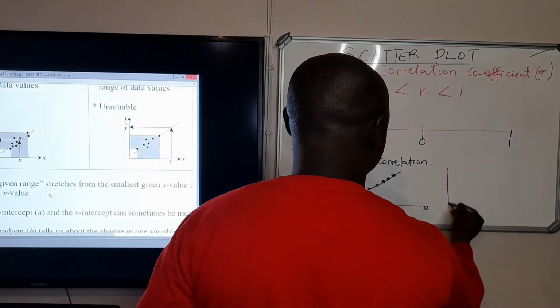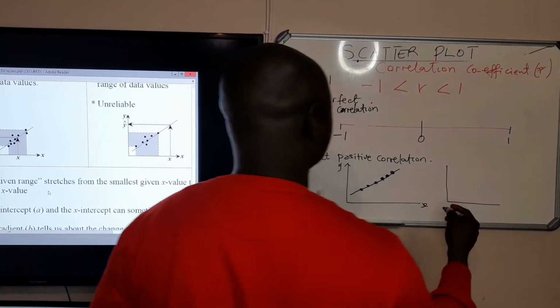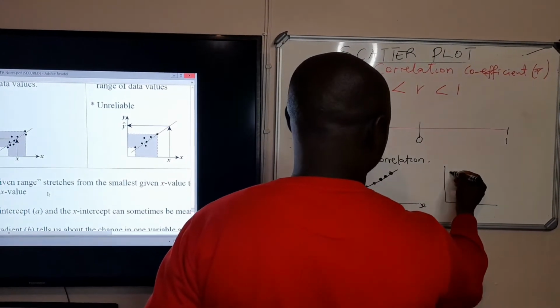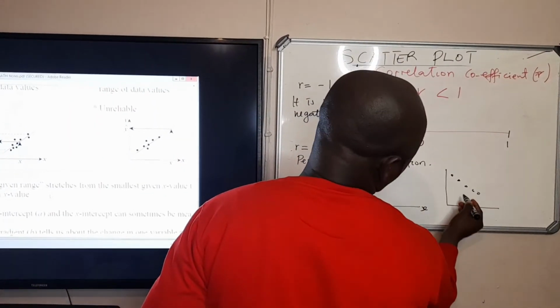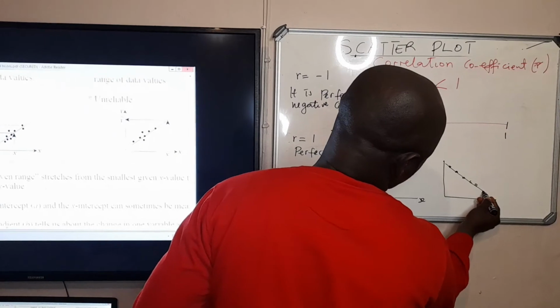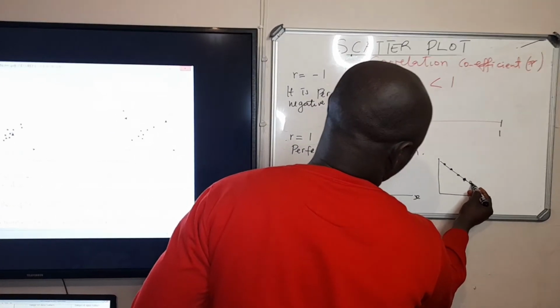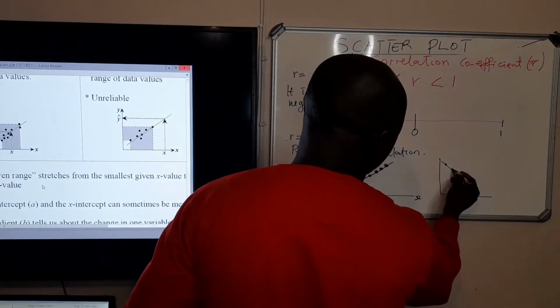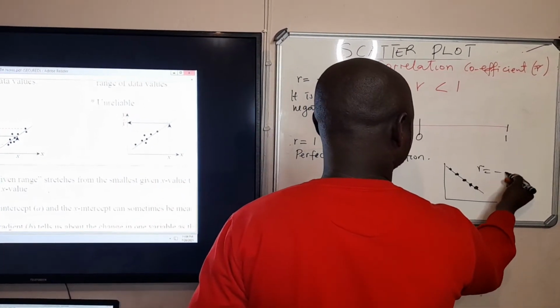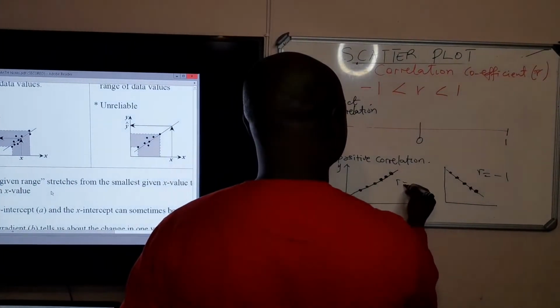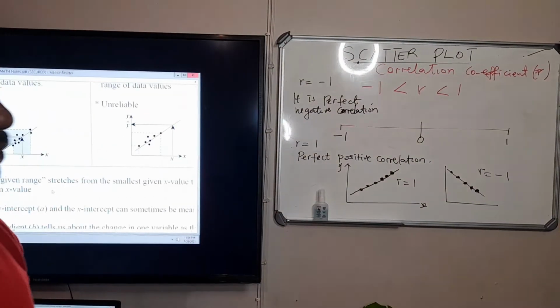And then the perfect negative correlation will be this way. When you draw the line of best fit, it goes through all the points as well. This is how we get perfect negative. So here R is equal to negative 1 and R is equal to positive 1.